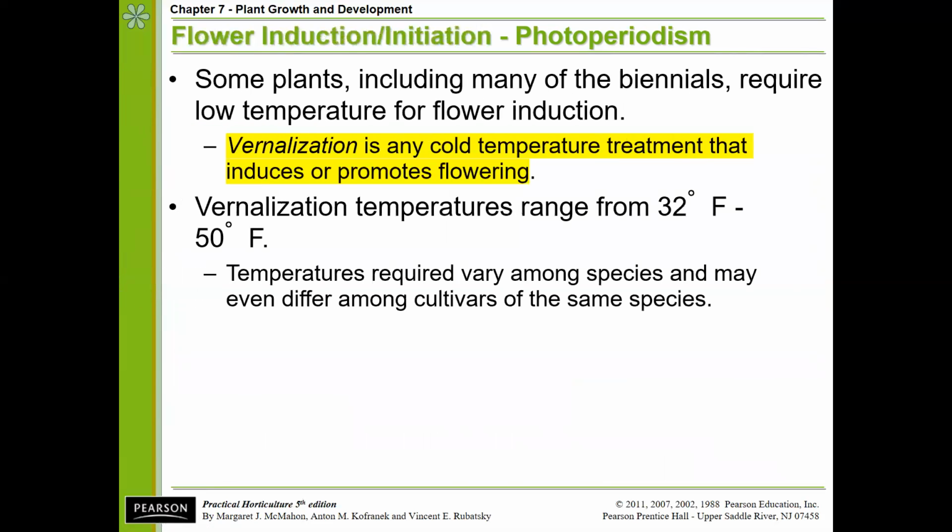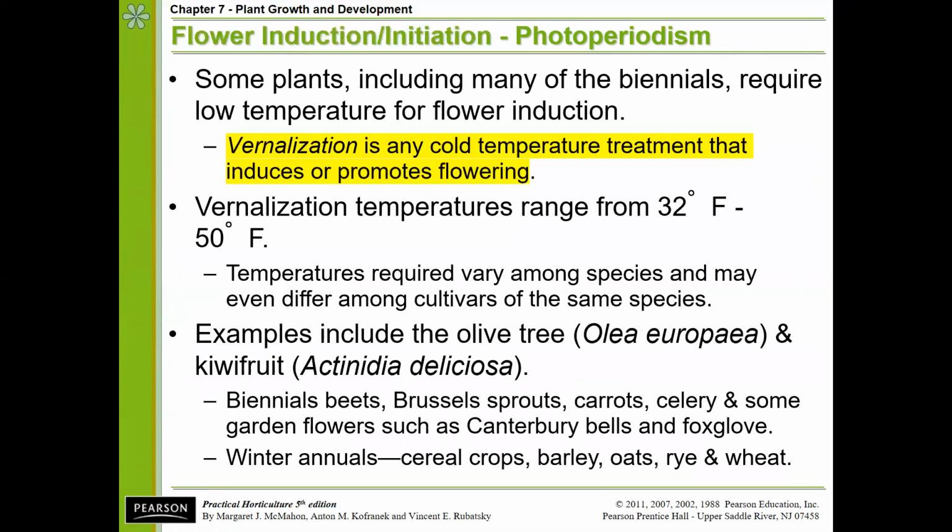We already mentioned vernalization. That's any cold temperature treatment that induces or promotes flowering. We see that in the biennials. We also see that in some winter annuals and some trees too.